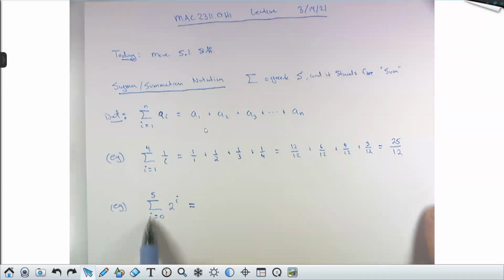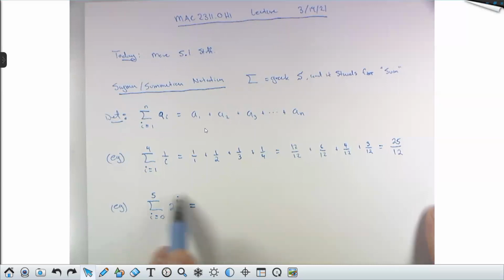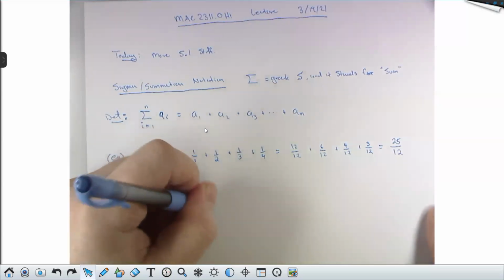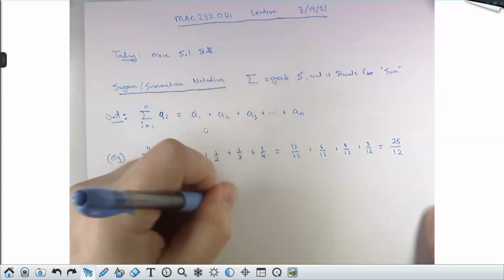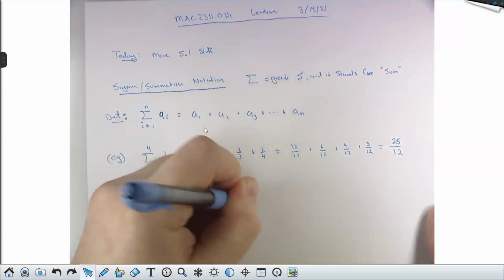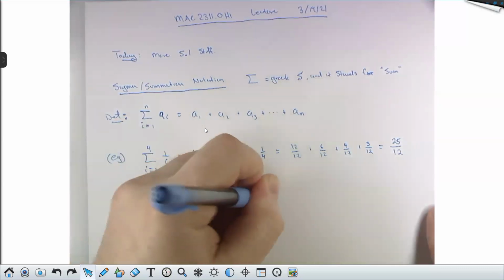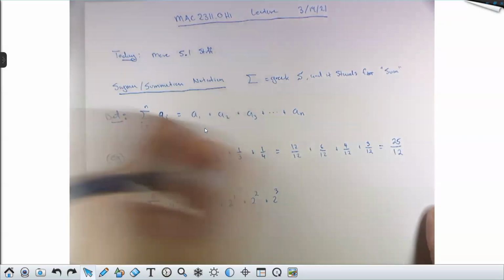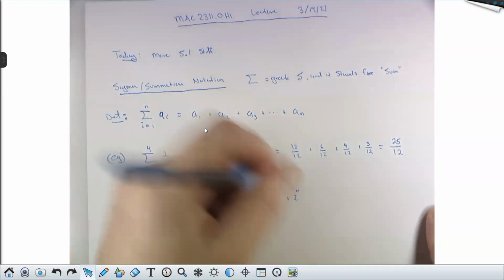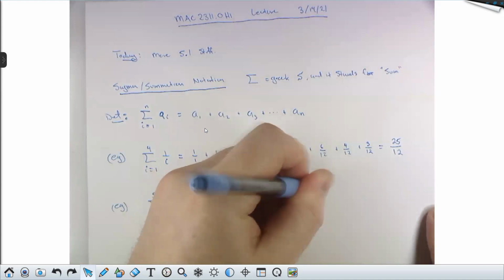I'm just going to plug in all these values for i into this expression. I'll do that for i equals 0, i equals 1, all the way up to 5, and add all those together. So that would be 2 to the 0 plus 2 to the 1 plus 2 to the 2 plus 2 to the 3 plus 2 to the 4 plus 2 to the 5.